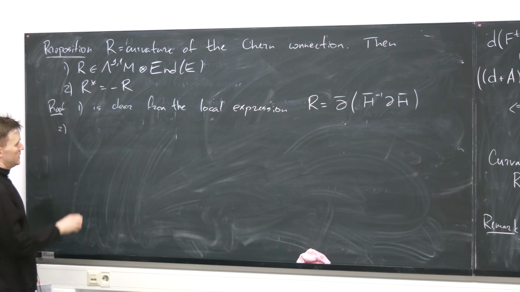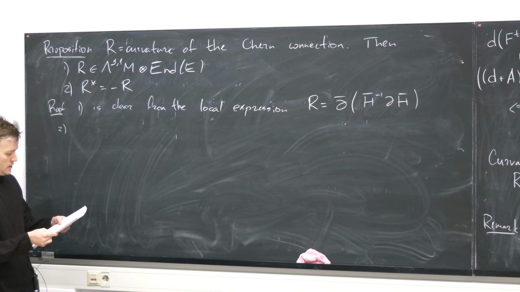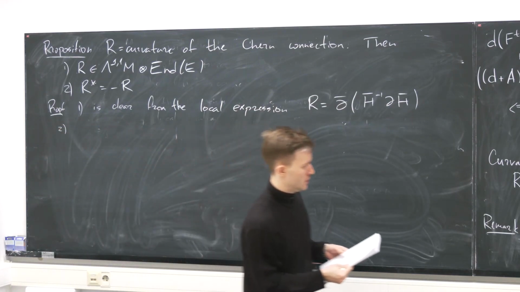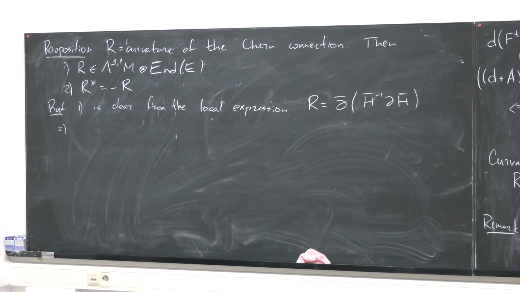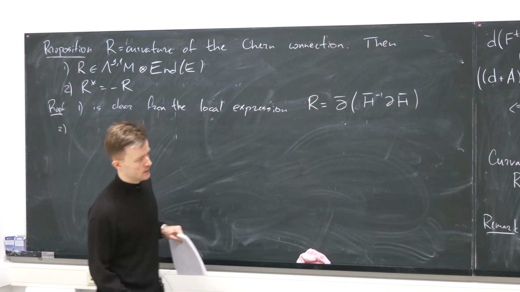And to prove the second part, we need to check that, sorry, in terms of the matrix, one has to put this complex conjugation here. If you write this down carefully, then you can see this.